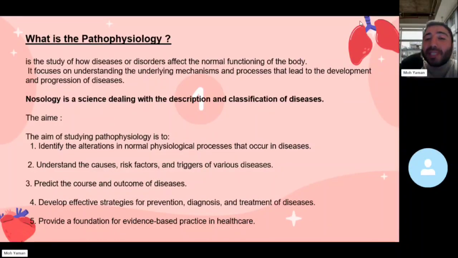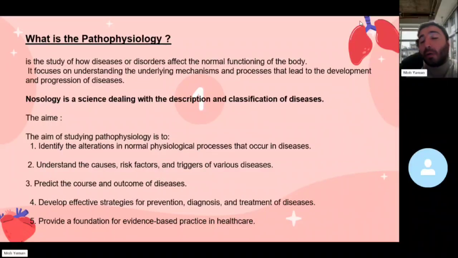The aim of studying pathophysiology, before that, pathophysiology is an experimental science. What does it mean, experimental science? You know, guys, all the illnesses or the diseases, we studied them as an experiment.